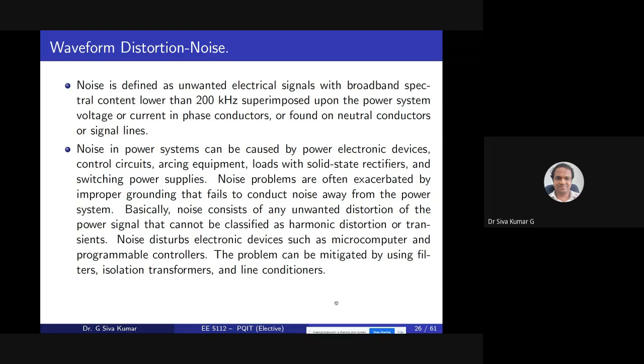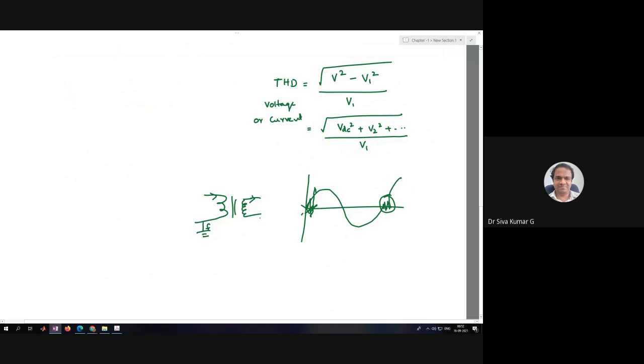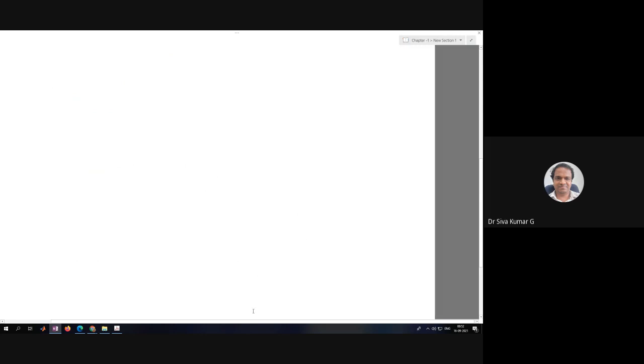Next, so far we have seen the waveform distortion. As I was mentioning in the last class, this kind of waveform distortion generally won't occur on the transmission side. But typically when you are converting to an HVDC system, in that case you might have interharmonics.